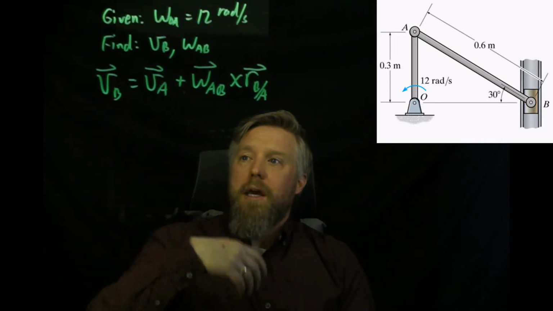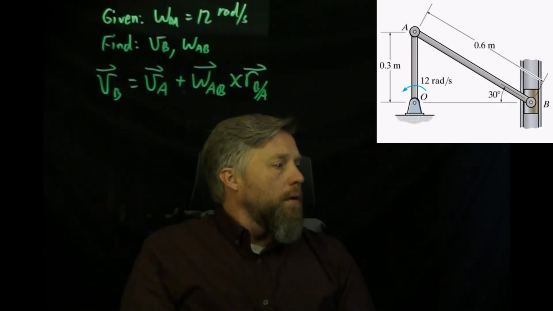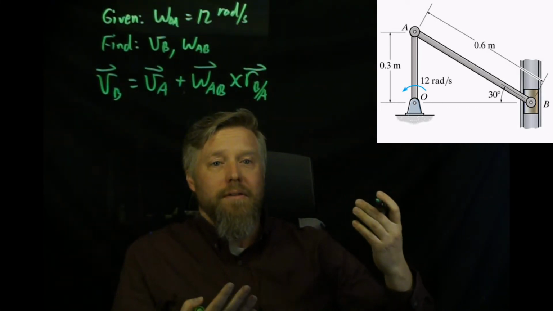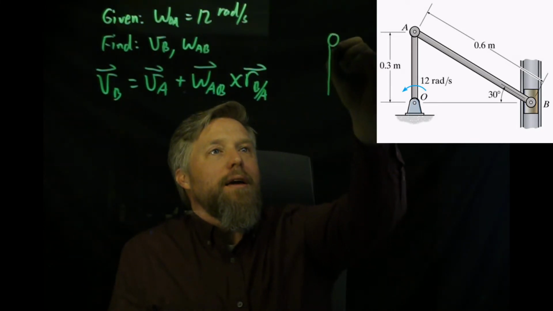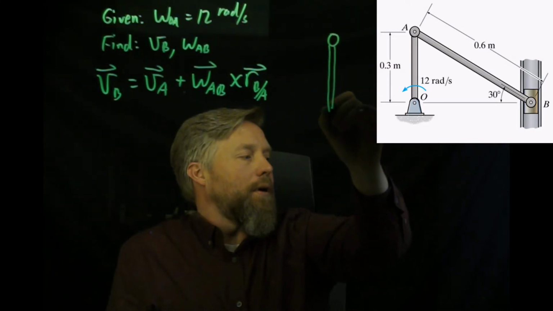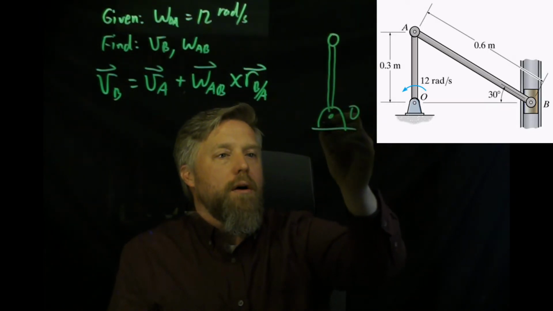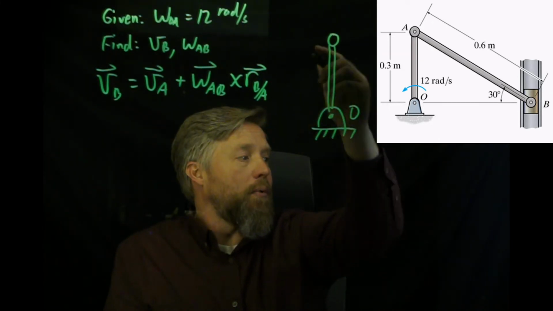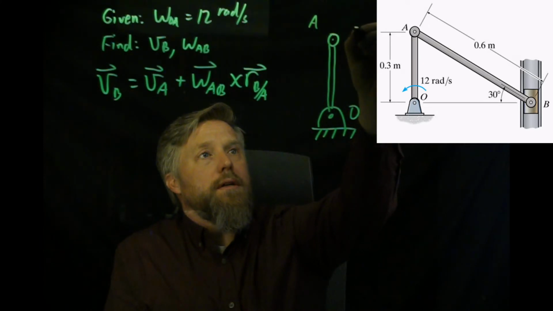We don't know any of these yet, but the velocity of A, we have some hints. What I'm going to do is break this assembly apart. And for now, to make my life simpler, just look at my OA. So I have my OA, where O is down here, and it's rotating about O. This is fixed to the Earth. So we know this is pure rotation. Point A is rotating about O, and we would expect its velocity to be going that way.